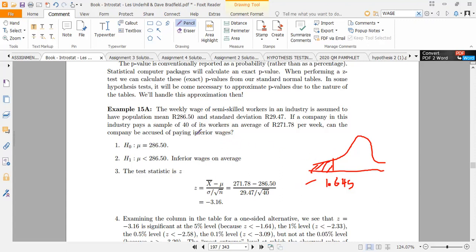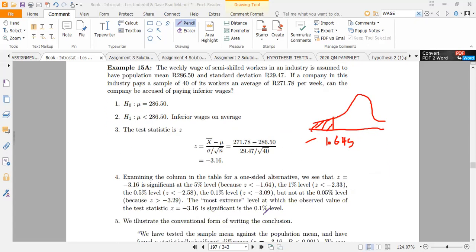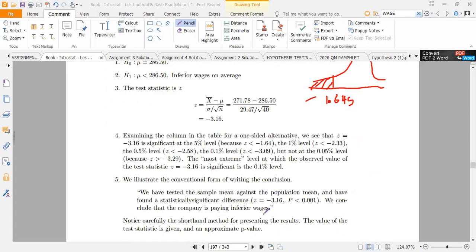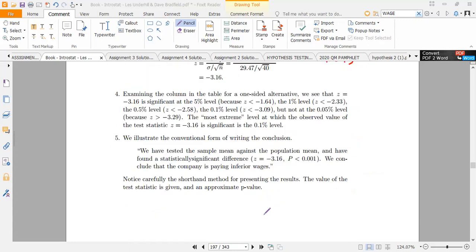So we want to evaluate whether the workers in this company are being paid inferior wages. So we reject H0 to say that no, they're not okay. We are accepting HA to say they are being paid inferior wages. So by rejecting, it means that we are accepting the fact that this company pays inferior wages.